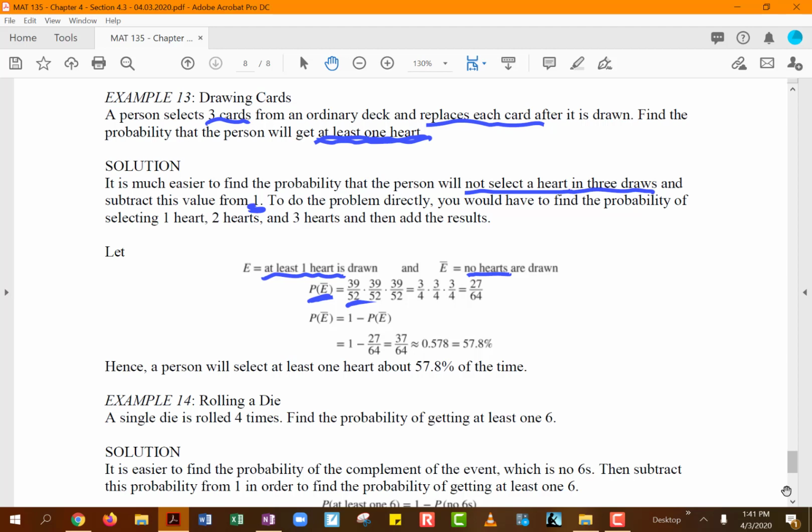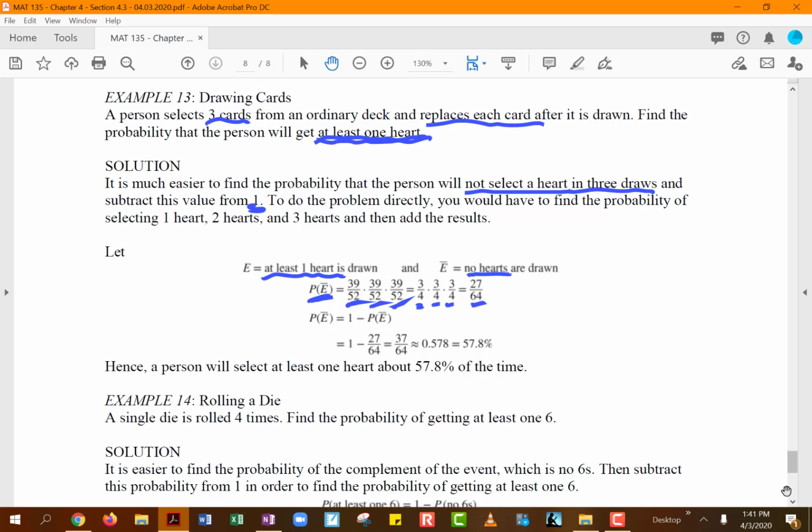Because remember, you are drawing 3 cards from your deck. 39 out of 52 for the second card, and 39 out of 52 for the third card. You can reduce those fractions down to 3/4, 3/4, and 3/4. Multiply them and you get 27 over 64. So this is the probability that we do not draw a heart.